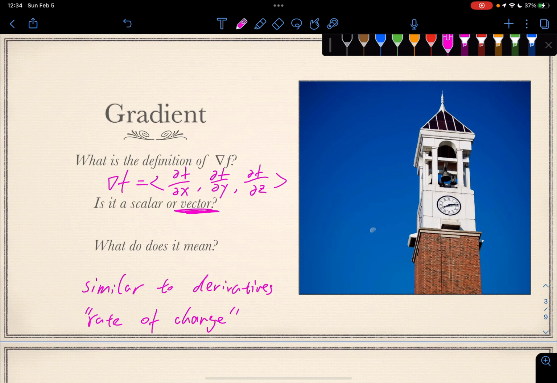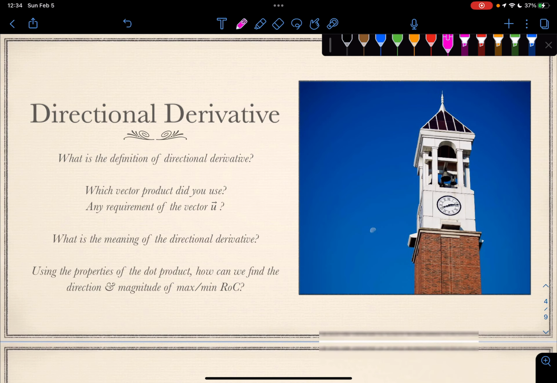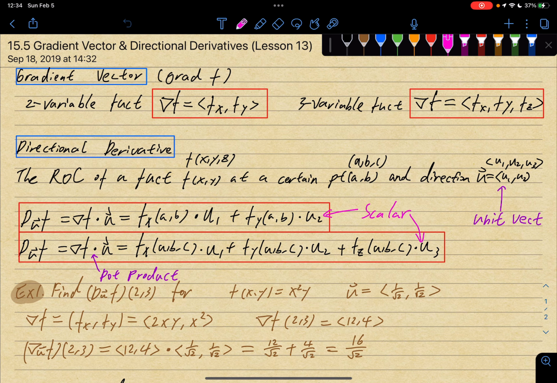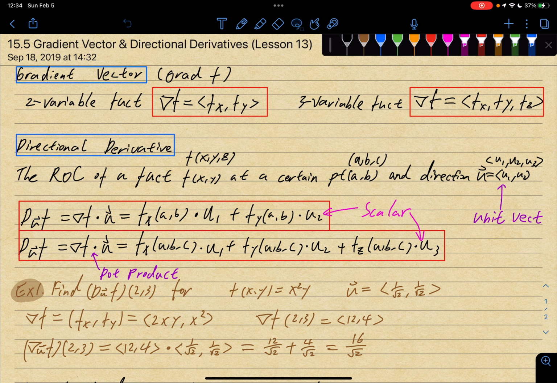So let's talk about directional derivatives, once we have understood what the gradient is. So the definition of directional derivatives. I'm going to go back to my notes, and here you go. This is the 2D case, and this is the 3D case.